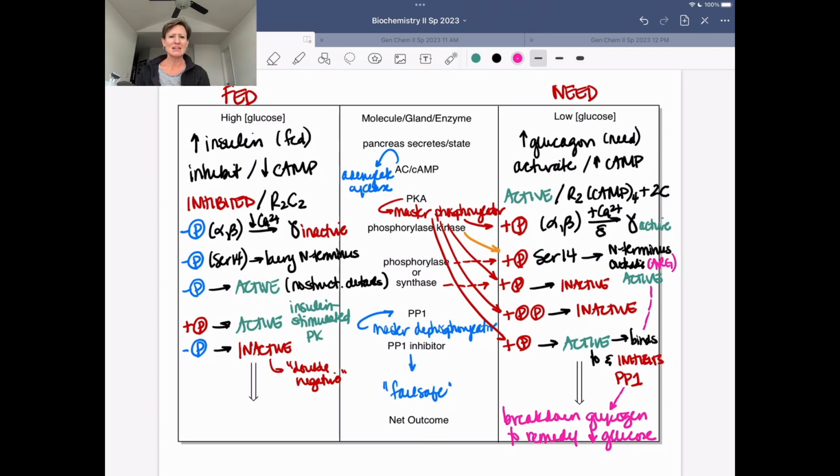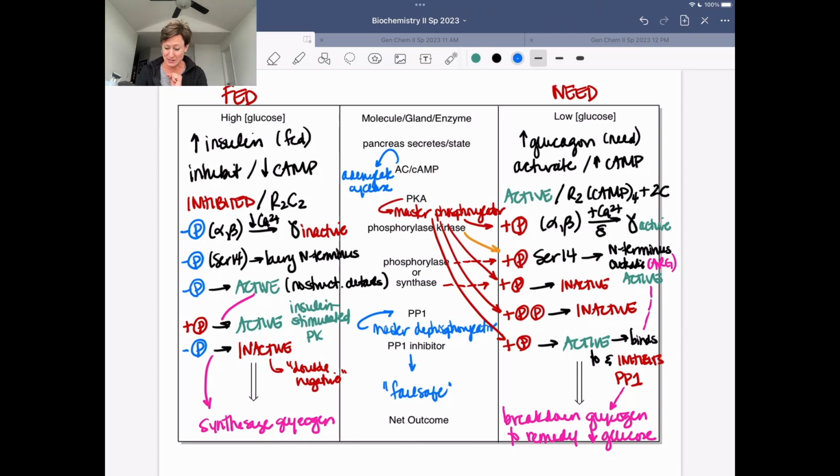And once it gets inside the liver, we're going to have active synthase doing its job, synthesizing glycogen. And that's a way to pull in that glucose from the bloodstream and help lower blood sugar by storing it as glycogen.